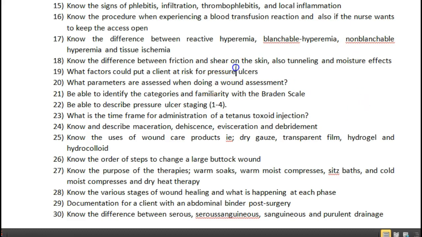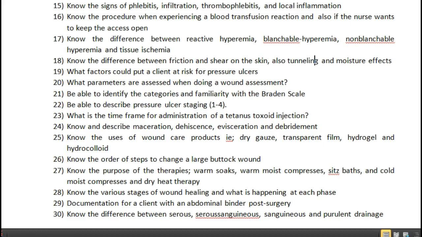Know the difference between friction and shear on the skin. Okay, be able to know this, you guys. Shear is the force exerted against the skin, where basically the skin remains stationary and the bony structures move.